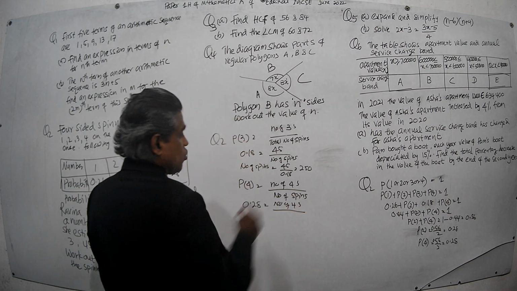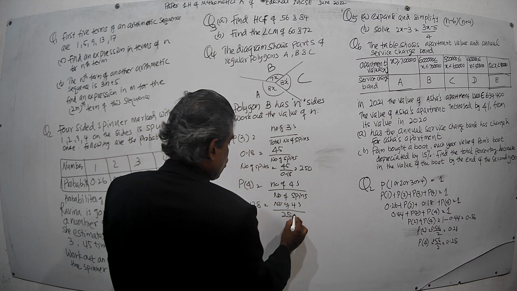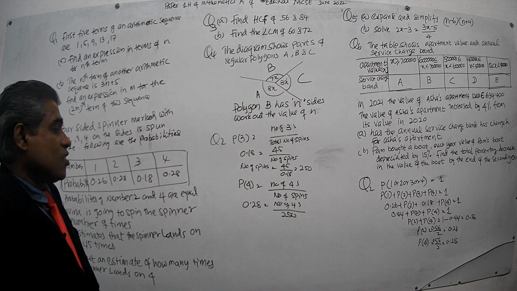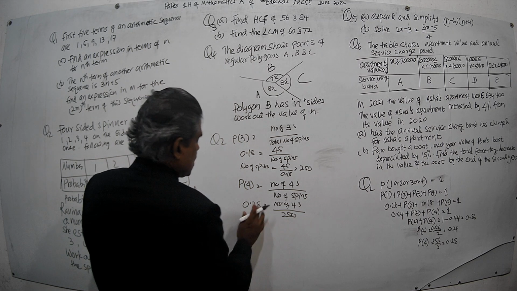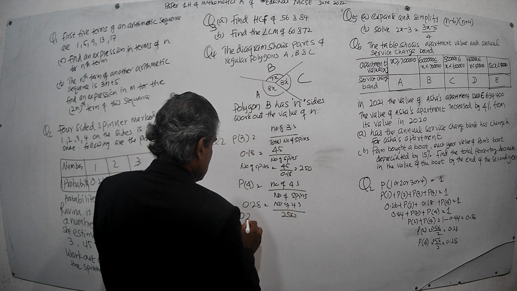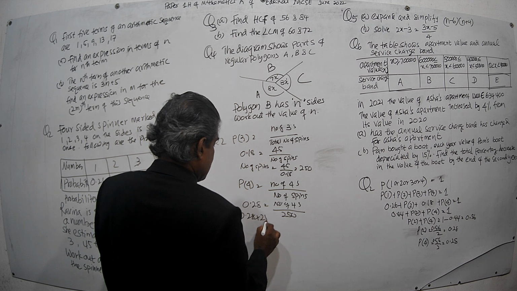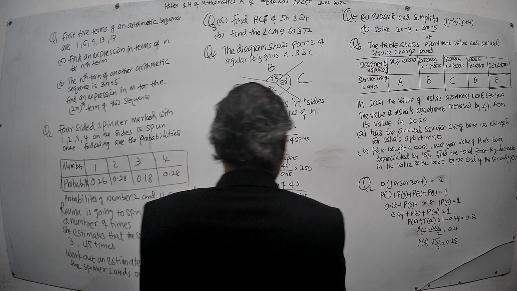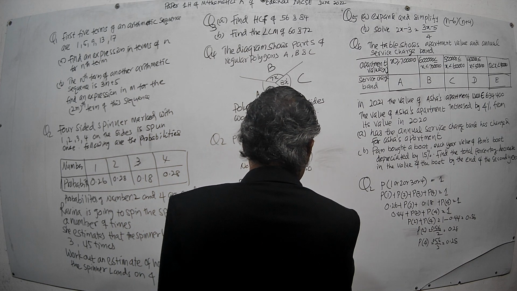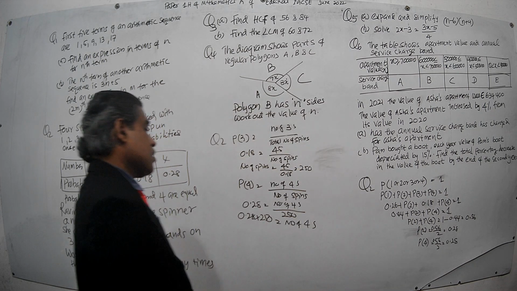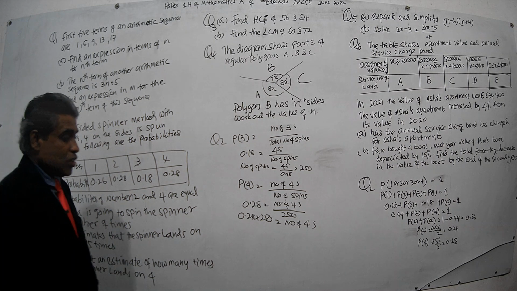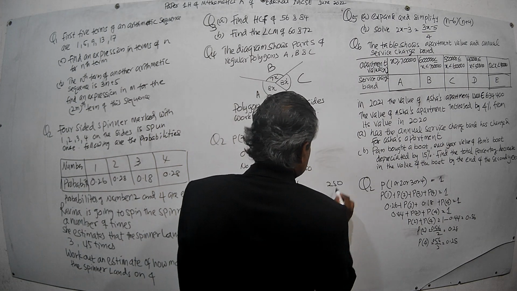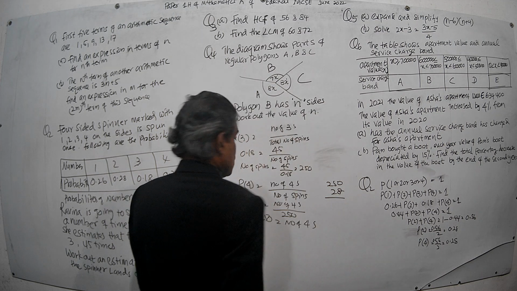The number of spins we know now is 250, we have found it over there. That's the total number of spins, total number of trials otherwise. Then you take this 250 to this side and multiply 0.28 into 250 equals the number of fours, the number of times of getting fours, right? Okay. Then you multiply this. 250 multiplied by 0.28.